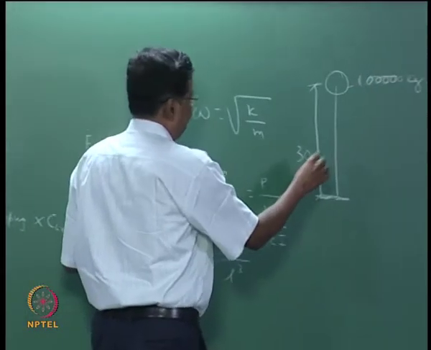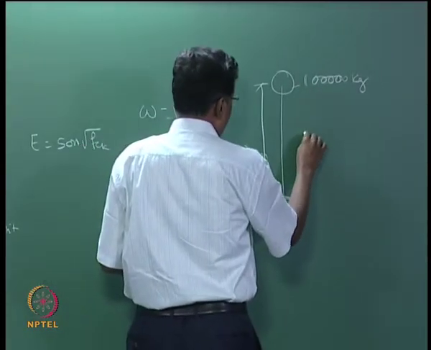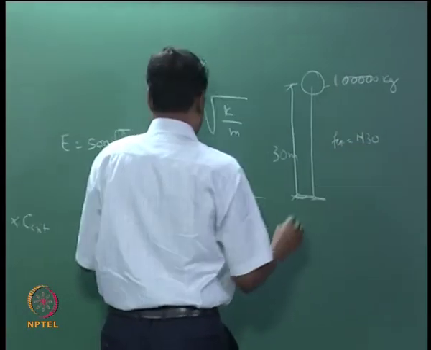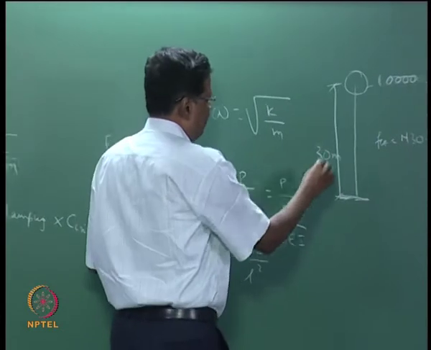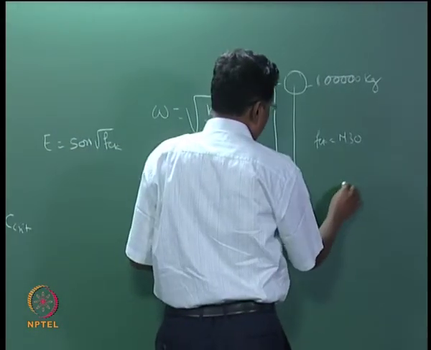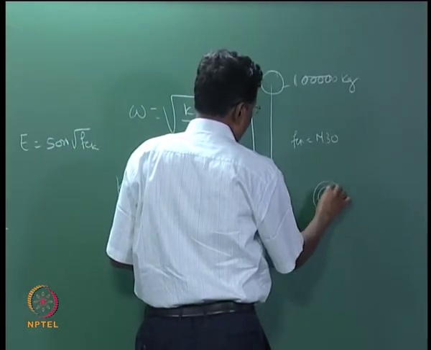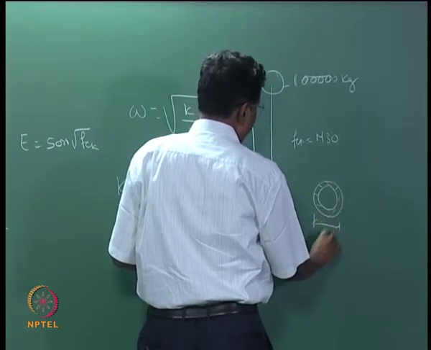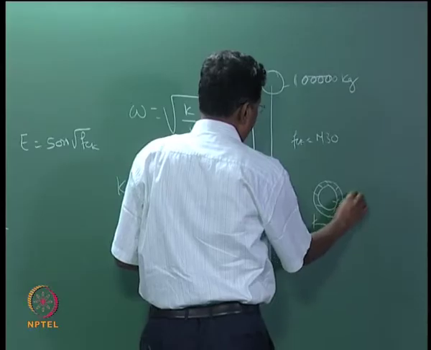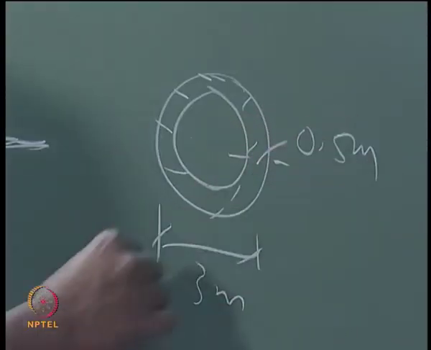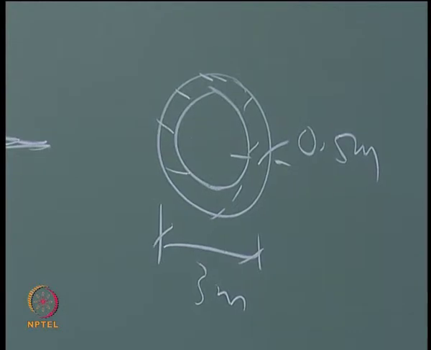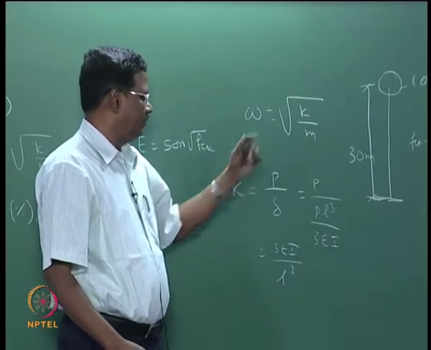Assume that grade of concrete is M30, then fck will be 30. I means you have to find out, this is a shaft, we take the section of the shaft like this, maybe 3 meter in diameter, thickness may be about 0.5 meter. So, from this you can calculate the moment of inertia, substitute K here, M here.